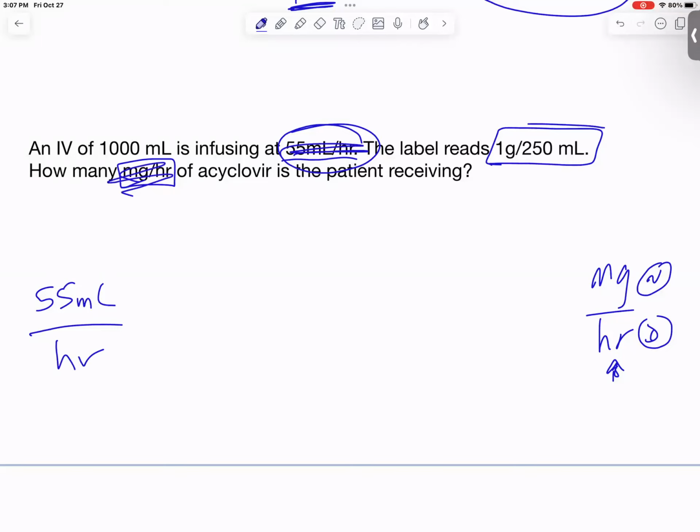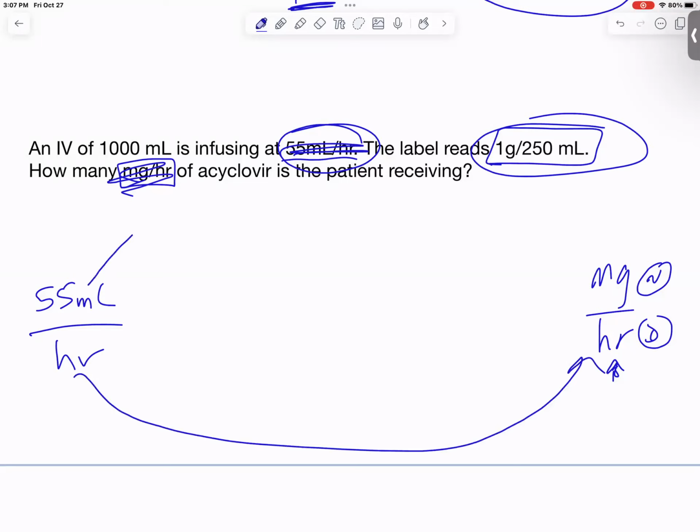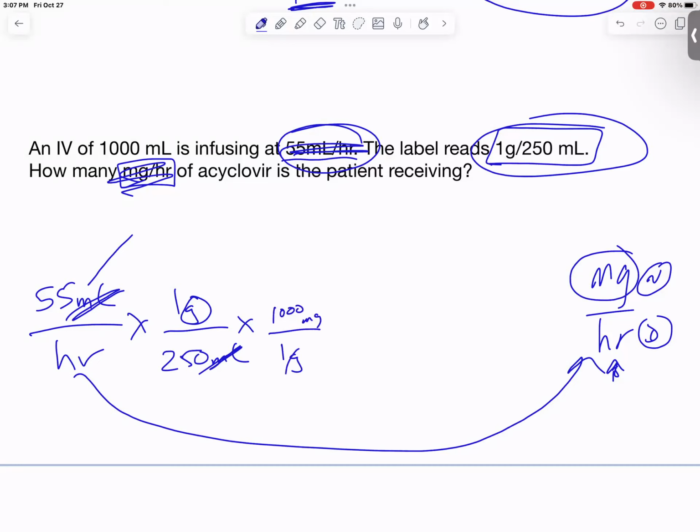I know what I'm looking for. And then I have a vial that gives me grams and 250 milliliters. Beautiful. Well, I have hour in my denominator. I'm good. So how do I get rid of milliliter? Well, I use what's in my problem. So there's 1 gram and 250 milliliters. Gorgeous. Not a problem. I cross it off. But it's asking for milligrams, and now I have grams. So I need my conversion. 1 gram is 1,000 milligrams.